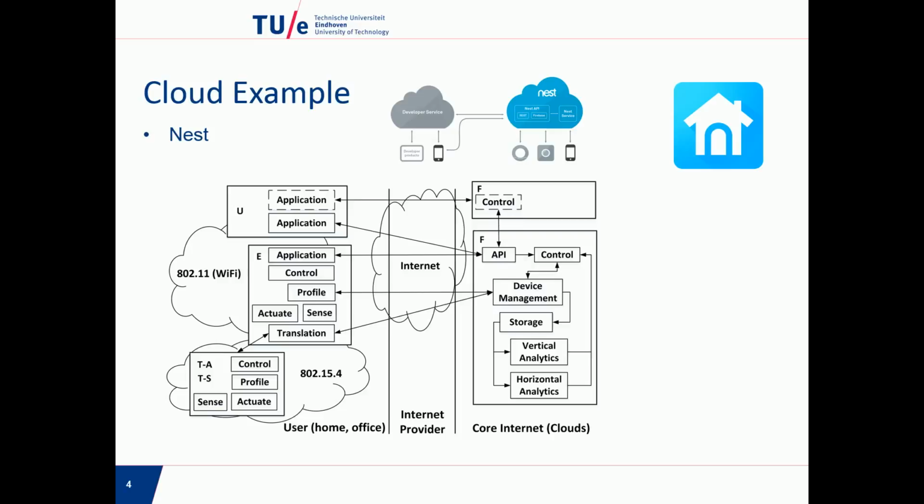Now we will show some detailed deployment examples of some current IoT systems to help understand the different architectures and the deployments. First is the example of the cloud deployment, the Google Nest. As shown in the deployment view, the Nest uses both cloud and mist control, because the control function is both in the cloud and placed in the end devices.